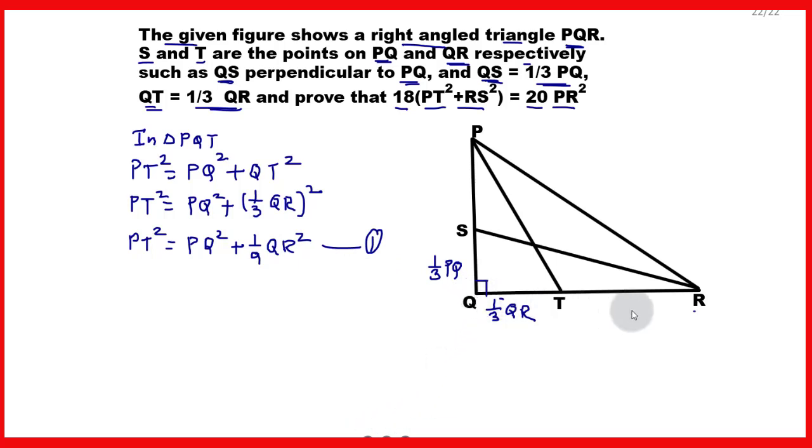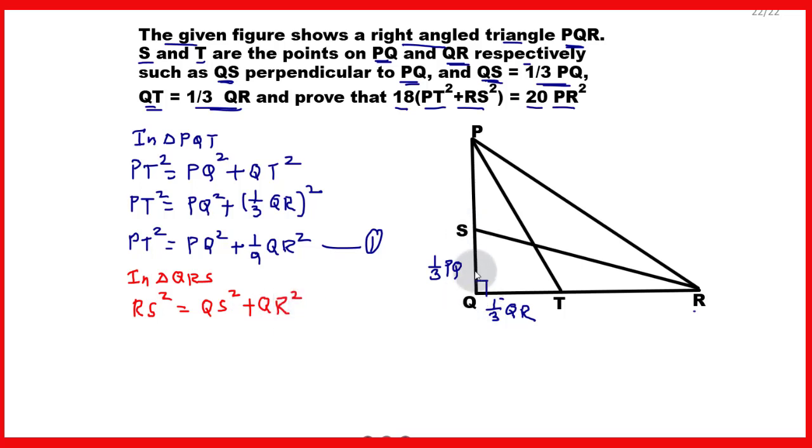Now similarly we will take the triangle QRS. In this triangle QRS, this Q is 90 degree, therefore this is the right angle triangle, and here also we can apply the Pythagoras theorem. So in triangle QRS, square of the hypotenuse, that is RS square, is equal to QS square plus QR square.